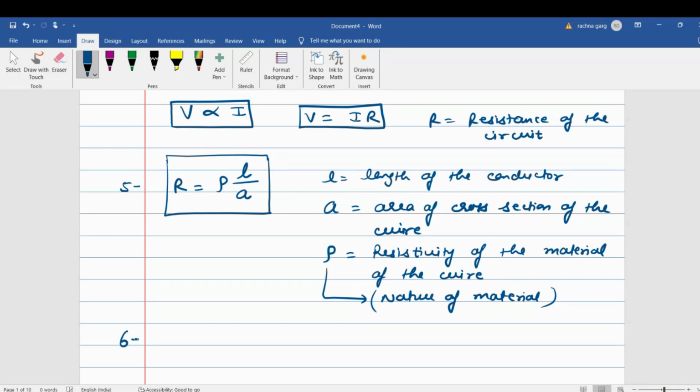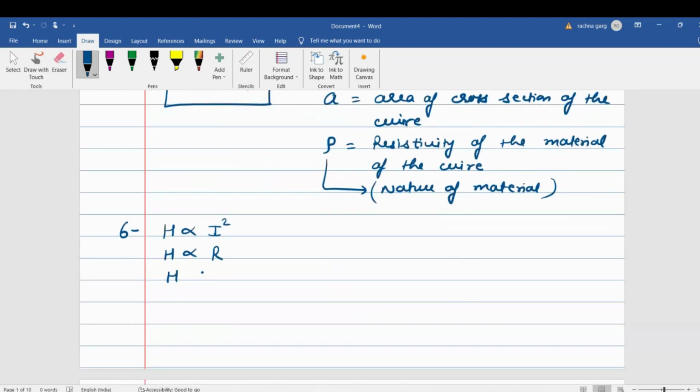Next formula, the heating effect of electric current, right? The heat produced, H is directly proportional to I square. H is directly proportional to the resistance of the circuit, and H is directly proportional to the time, the time through which the current is flowing in the circuit.